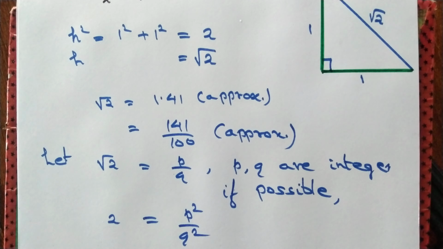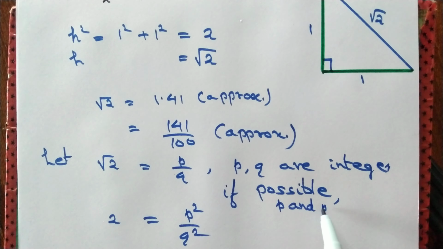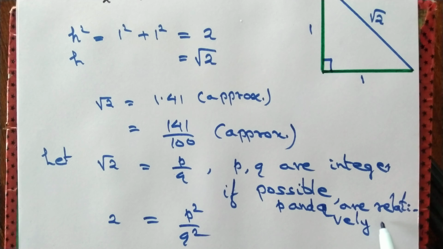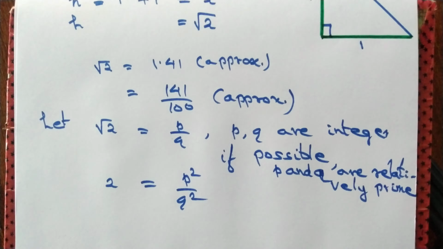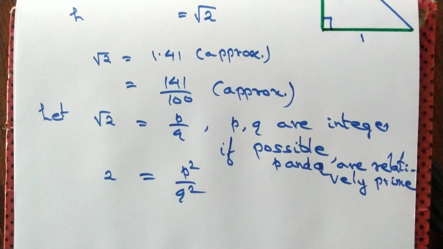Further, here we can assume that p and q are relatively prime. Now if they are not relatively prime, we can cancel out the common factor, and so we will get p and q relatively prime, and it turns out that 2 equal to p square by q square.